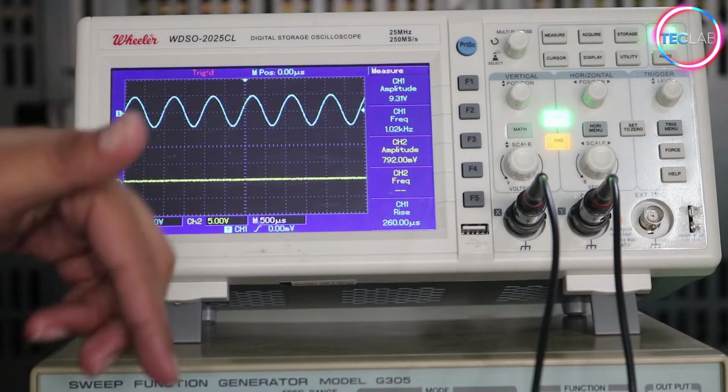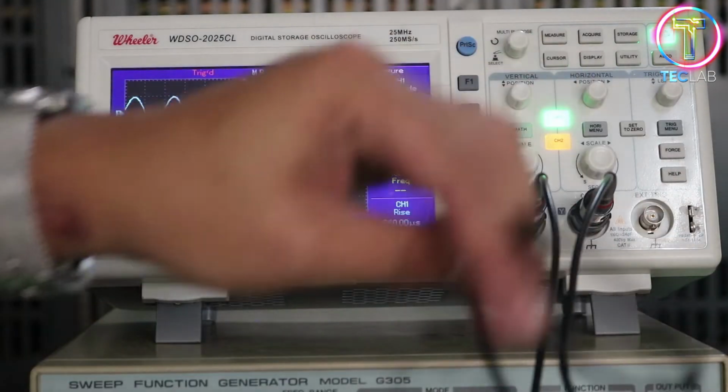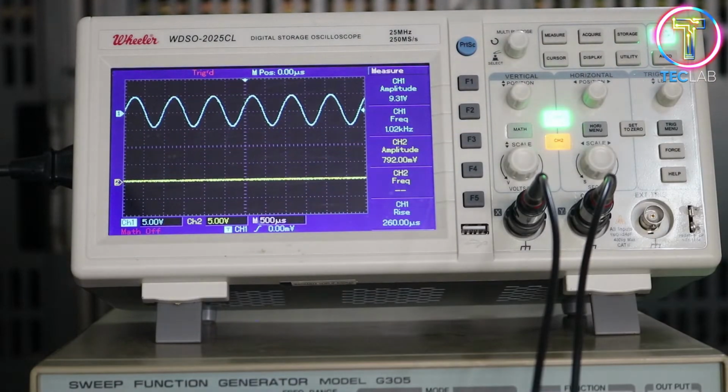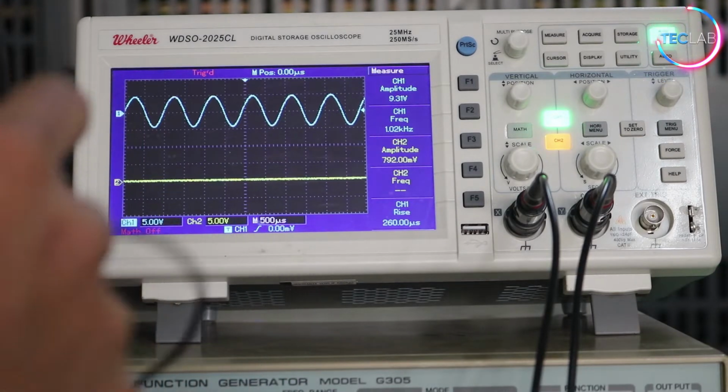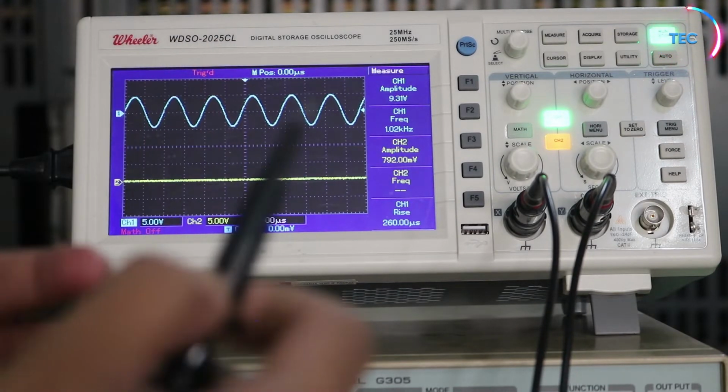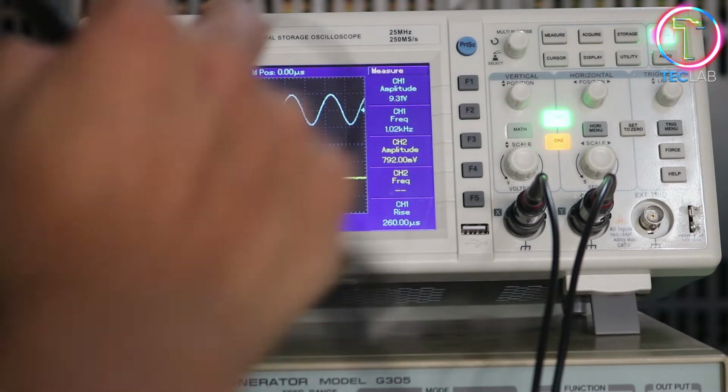Then to display the output of this circuit, we should connect our output probe to the resistor. It should be connected parallel to the resistor.